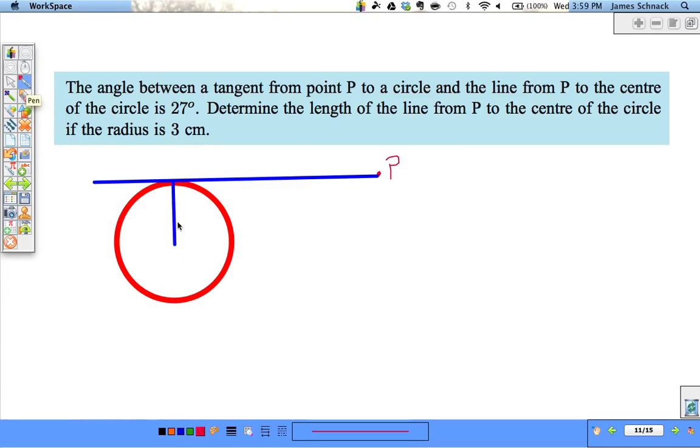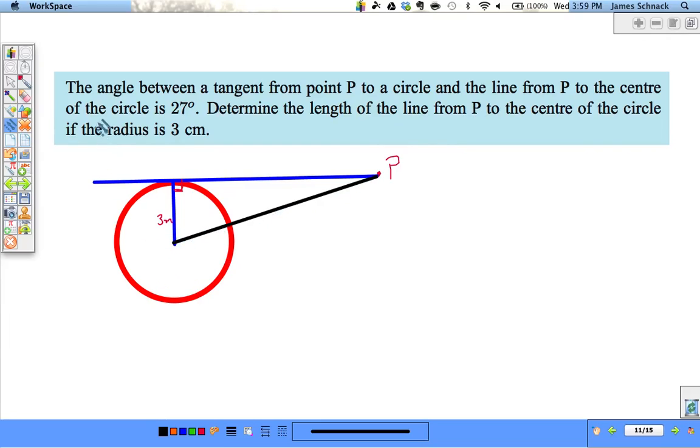And they tell us that that radius is 3 centimeters. And now we know something nice and useful here, that a radius and a tangent make a 90-degree angle. The ultimate question for us is determine the length of the line from P to the center of the circle.